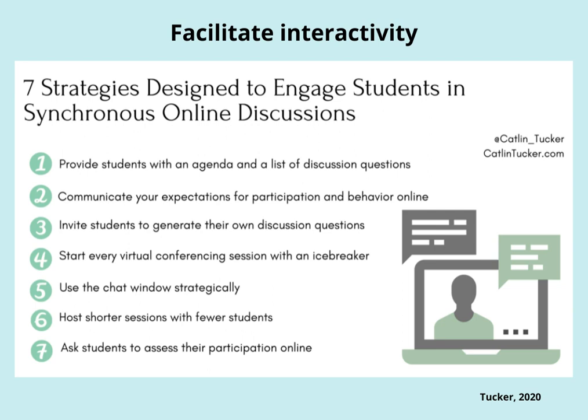So you want to set the environment as much as possible at their homes or within their spaces as well as yours, so communicating these expectations is pivotal in such a space. You can also ask the students to generate their own discussion questions, and that will allow them to get actively engaged in your class. And we know from research that active engagement is what's going to foster learning and solidify learning.